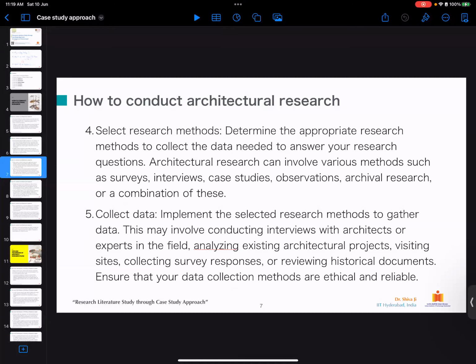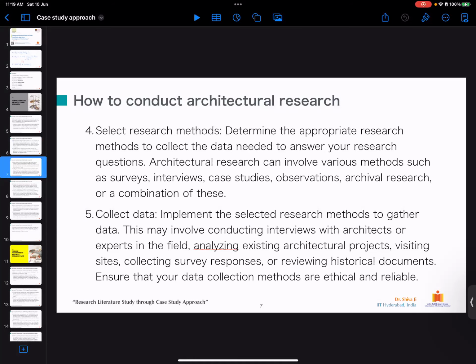Before solving them, you need to understand what methods to apply. So the next most important thing is the research methods. Based on your topic, the kind of objectives it has, and the kind of resources available, you are going to define or choose your research method.